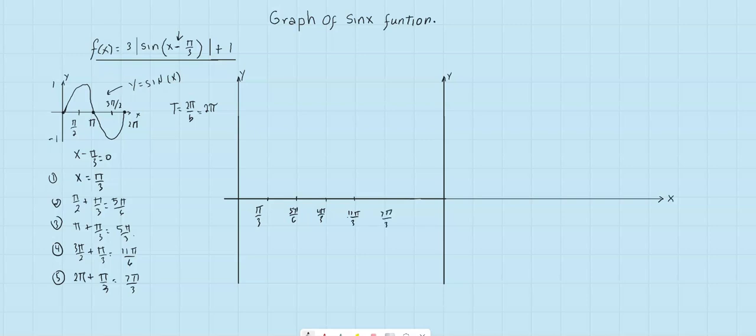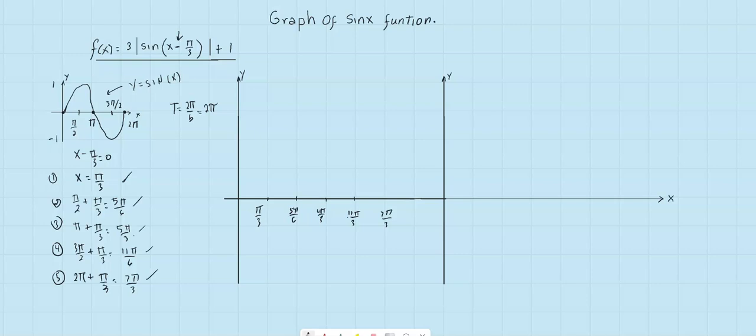I'm just getting all my values from over here, my 1, 2, 3, 4, and 5, all of these values right here.